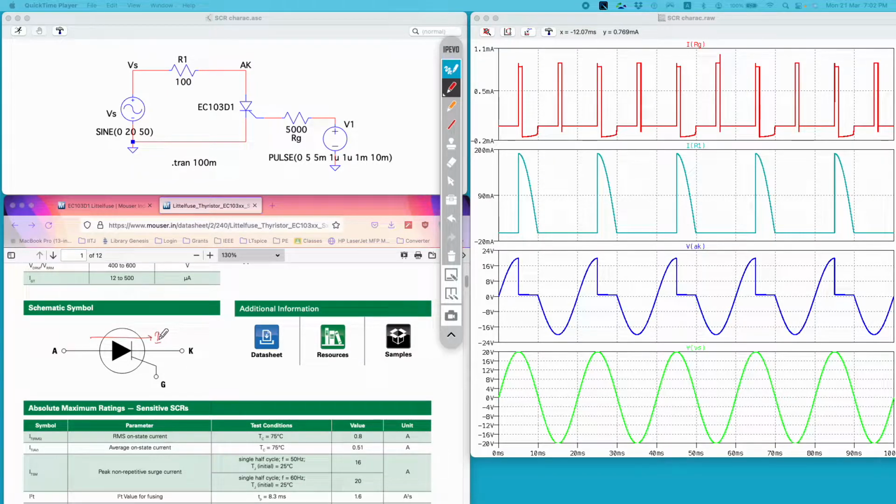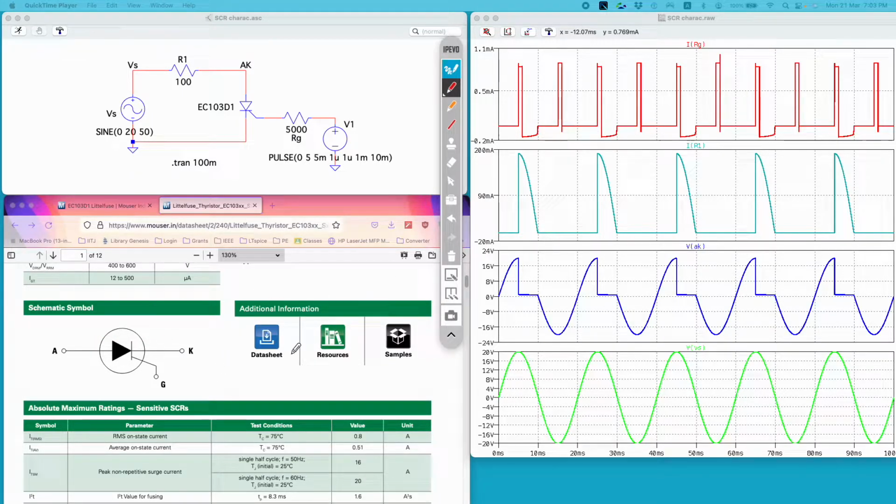Momentarily, if we can force this current to 0, then the thyristor will turn off. One more way to turn off is through natural commutation. Let's say the load has characteristics due to which the current flowing through the SCR goes below IH, the holding current value, then the thyristor will turn off.